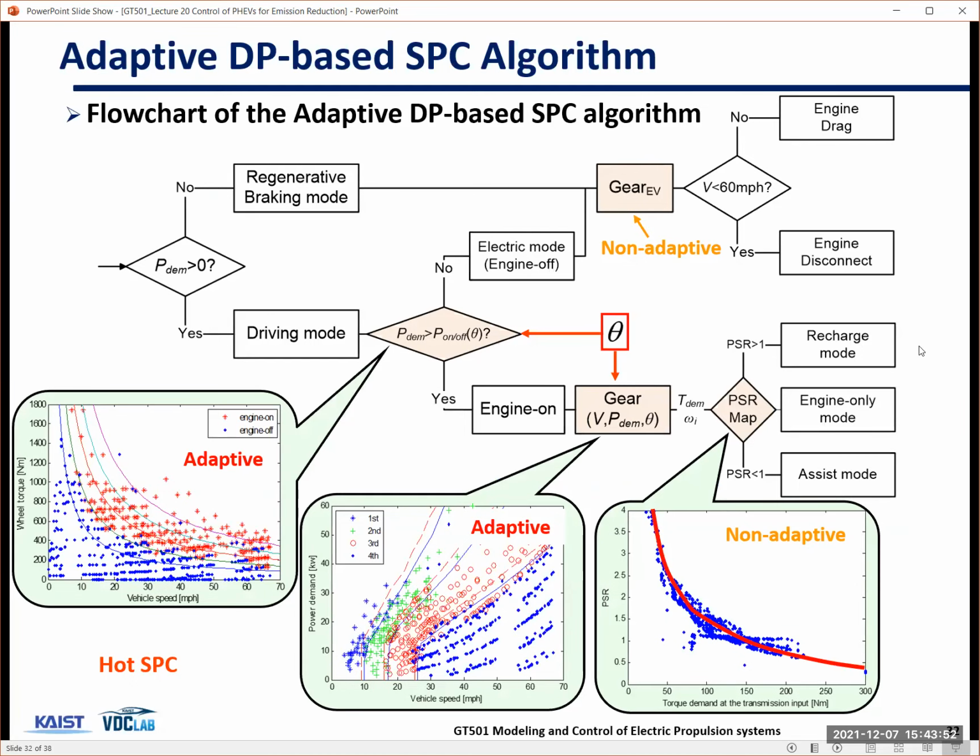So this is the real-time controller that was proposed back then. So now it's a function of two things: theta, because it's PHEV, and then a temperature side.